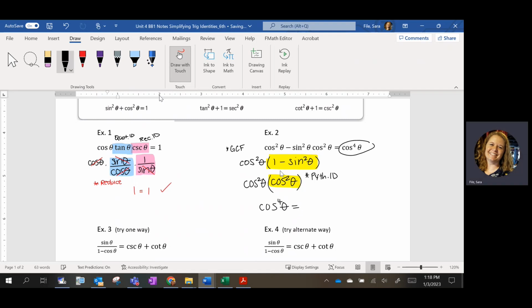So the left side does indeed equal the right side. So that is verified. So far, so good? Okay. So that only had one identity that I used in it. The other steps were just algebra. It was factoring and multiplying like base terms to a power that were raised to powers.